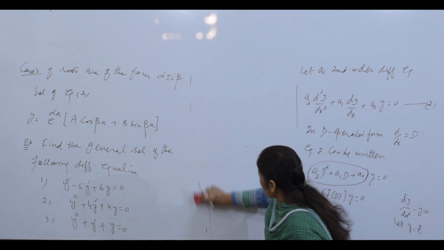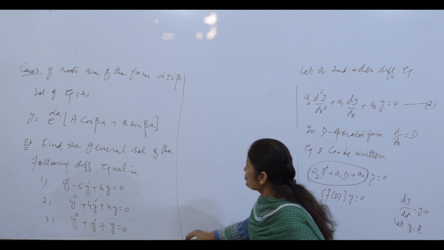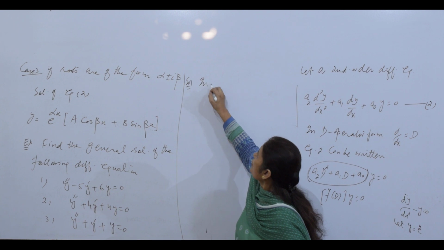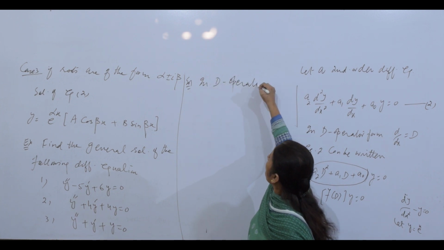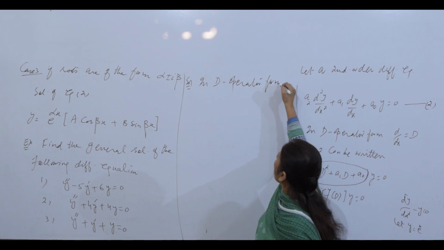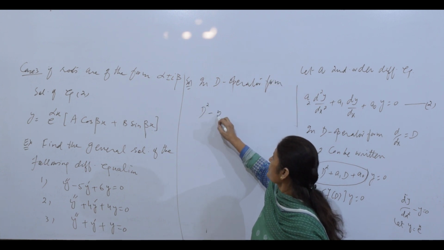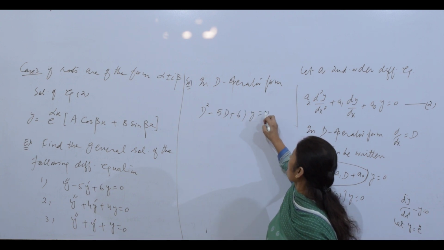Let me solve one so that you can understand the methodology. I am solving first in D operator form. Can I write D square minus 5D plus 6 operate on y equal to 0?